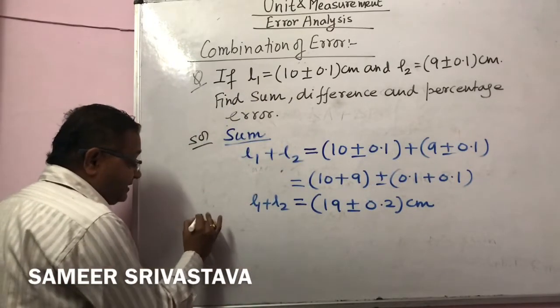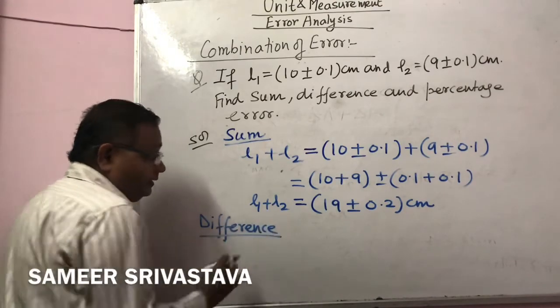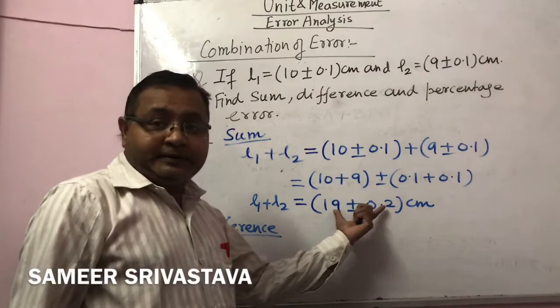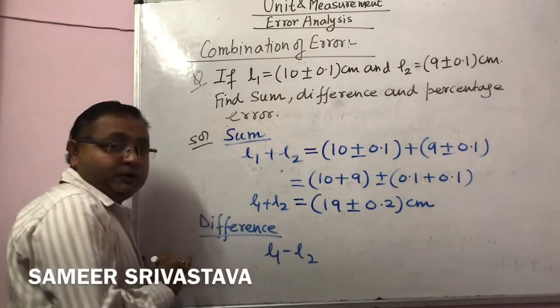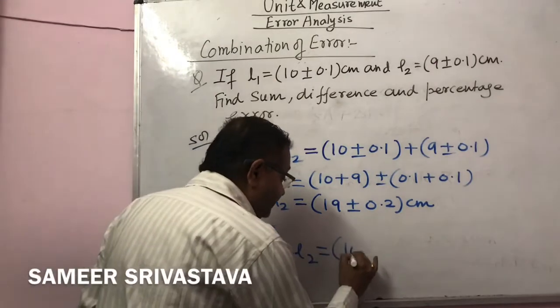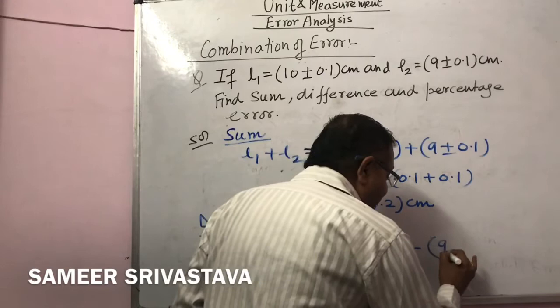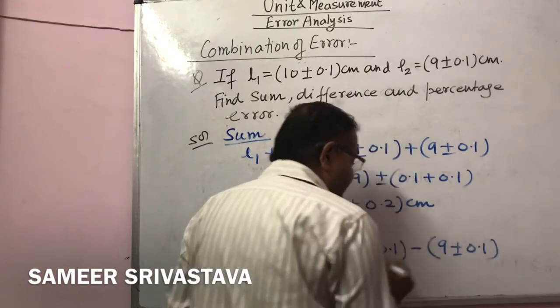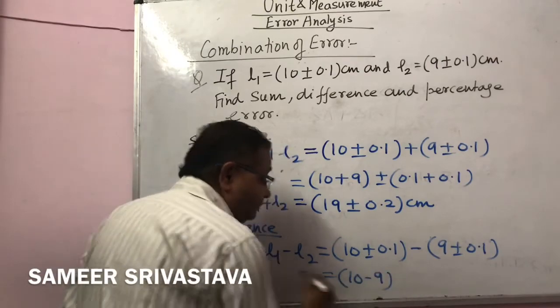Now for the difference. Understand this case. Here we write L1 minus L2. So L1 minus L2, 10 plus minus 0.1 minus 9 plus minus 0.1. Accurate values we have to subtract, 10 minus 9.